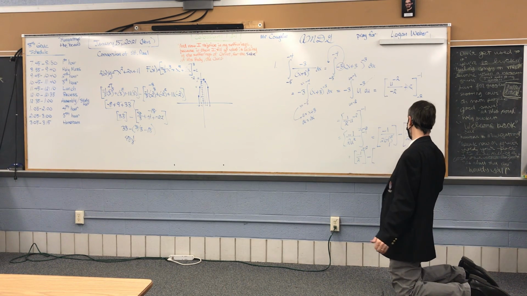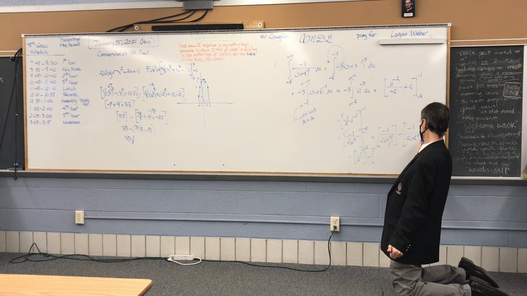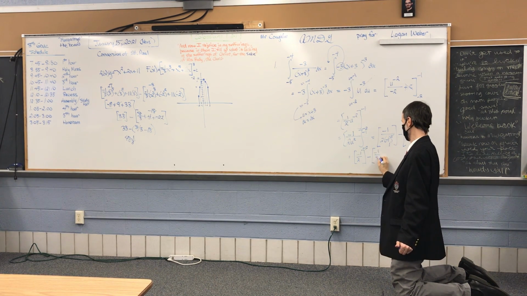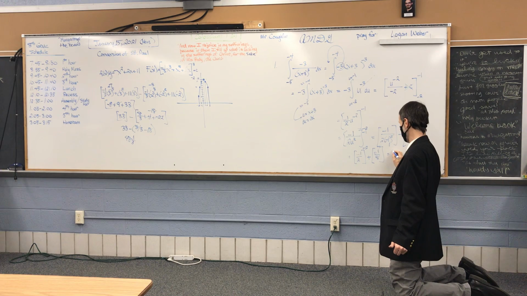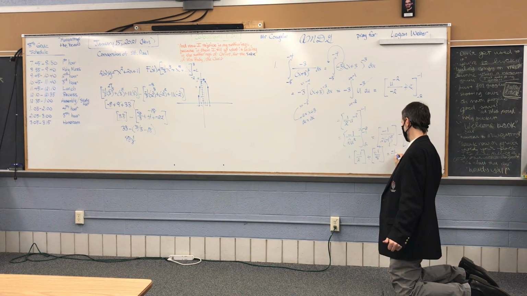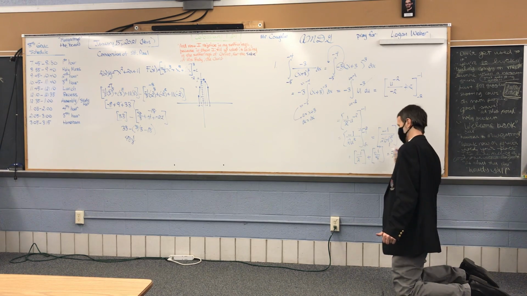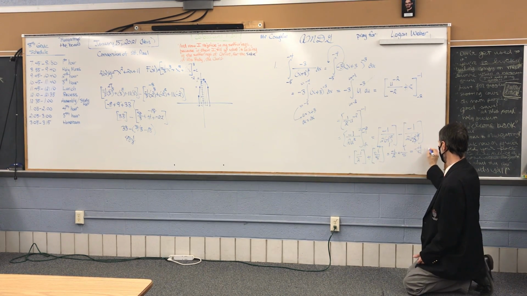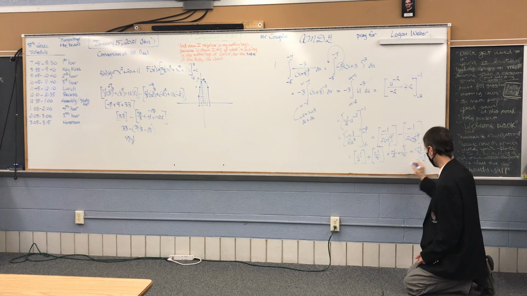Minus something else. What's -2 squared? 4. So this whole thing is -1/8. What's minus a negative? Positive. So it's -1/2 plus 1/8. We need a common denominator. So it's -4/8 plus 1/8, better known as -3/8, and you are done.